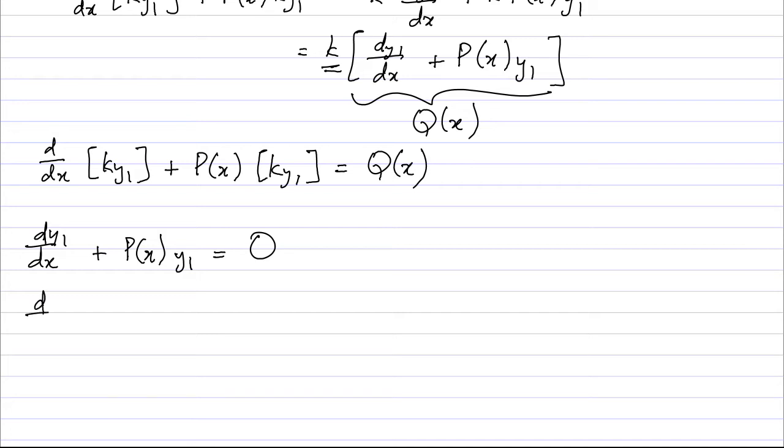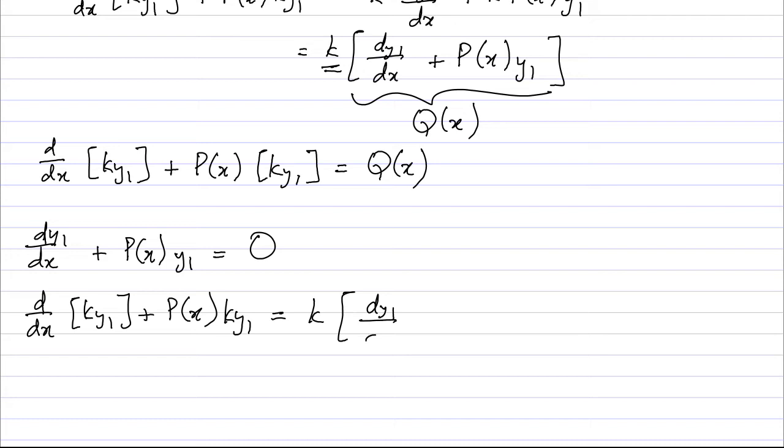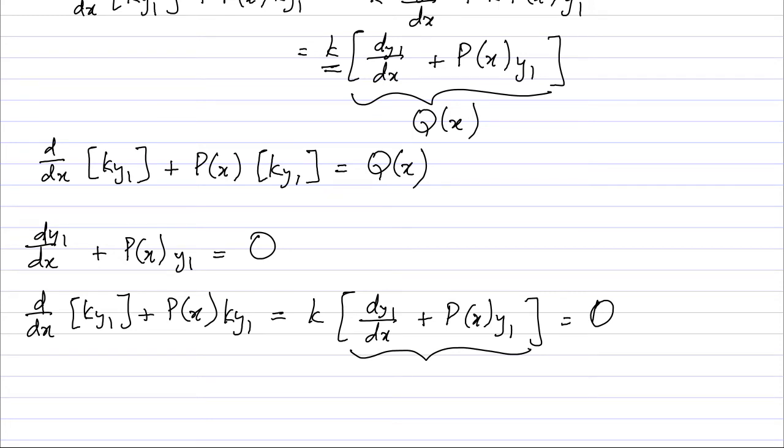Then you have that this thing is k times dy1/dx plus p of x times k y1, right? That's your left hand side, and this is equal to k times dy1/dx plus p of x y1, and this is equal to 0 because y1 is a solution for your homogeneous first order linear differential equation.